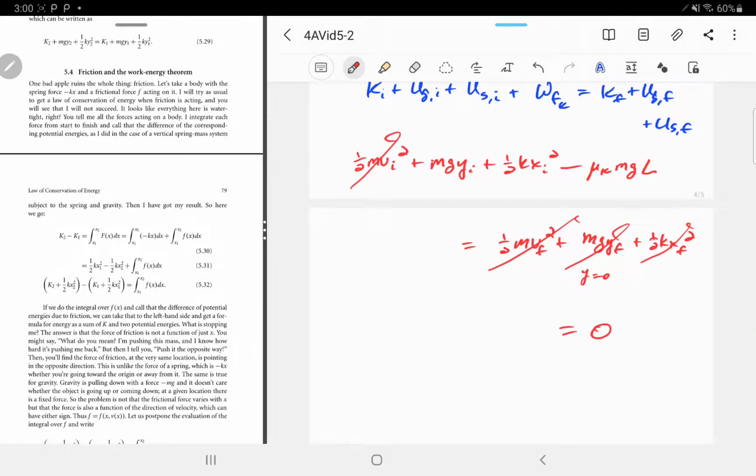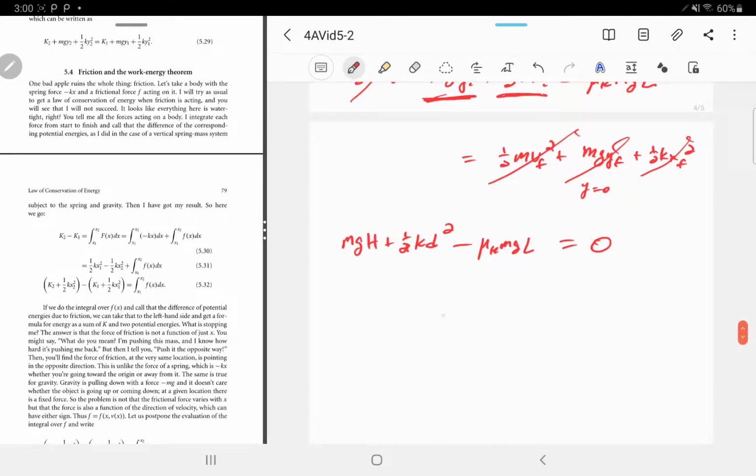Our thing wasn't moving initially, but it did have some non-zero gravitational potential energy. It was mgH. And we did have the spring compressed a distance d. Okay, so those two things were positive. Minus mu sub k mgl. And then we're asked to solve for the coefficient of friction mu sub k.